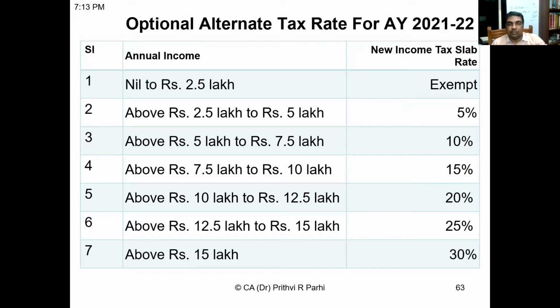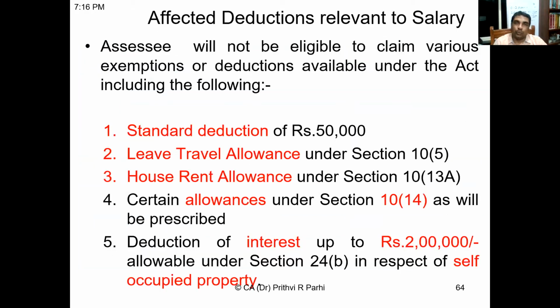Now, what are the deductions one will not be able to get? You see, these are examples of certain exemptions which a person cannot get. When you learn the salary chapter, you will understand salaried employees get a standard deduction of 50,000, but if you opt for the new scheme, you will not get it.